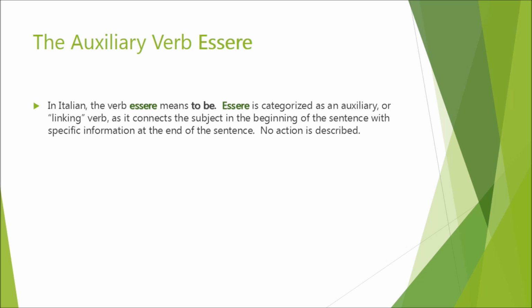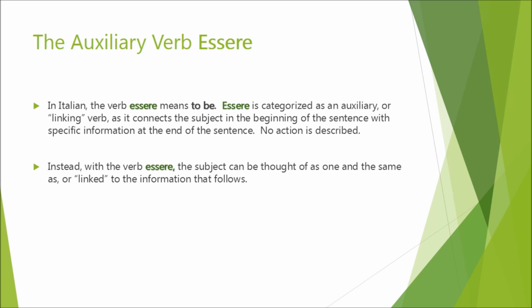In Italian, the verb essere means to be. Essere is characterized as an auxiliary or linking verb as it connects the subject in the beginning of the sentence with specific information at the end of the sentence. No action is described.